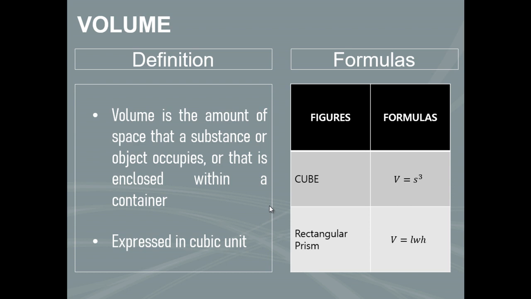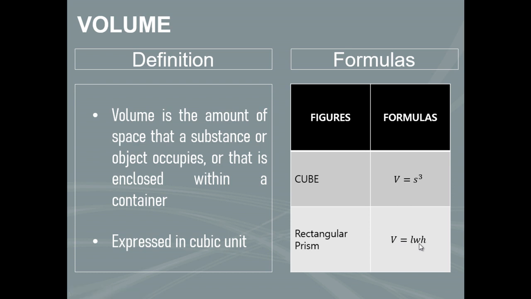For the cube, V equals S cubed, or S to the power of 3, meaning the measure of each side of the cube is multiplied by itself 3 times. And for the rectangular prism, V for volume equals length times width times height.